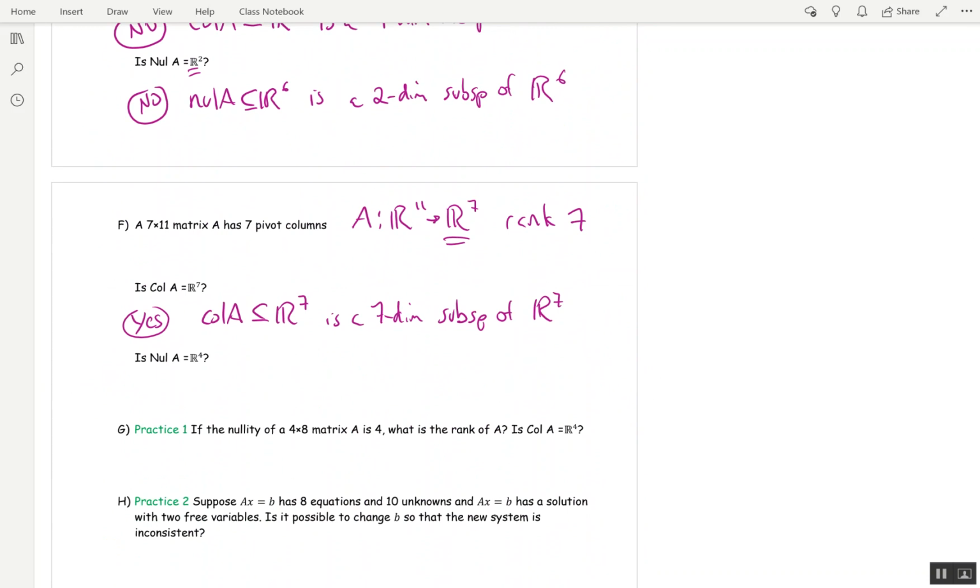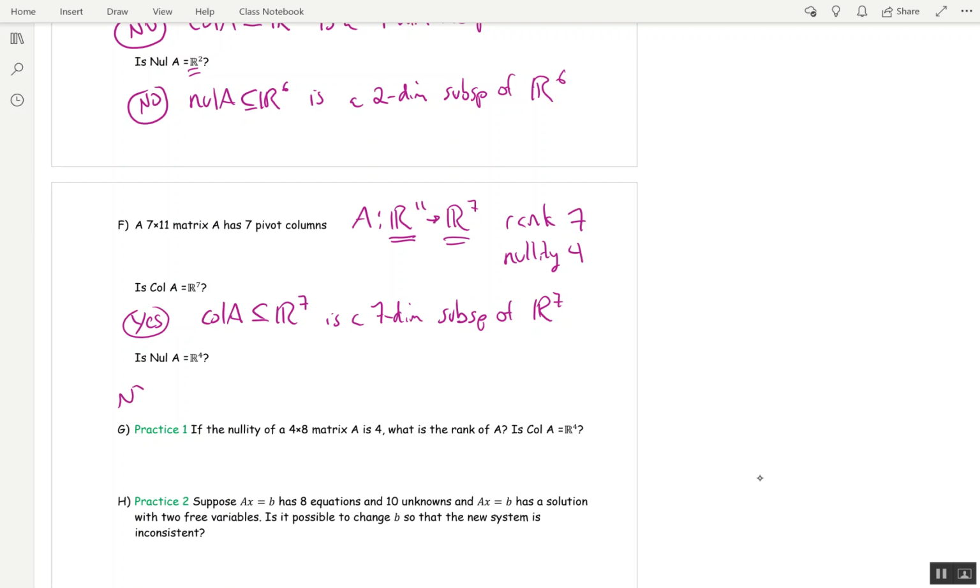Okay, is null A R4? Well, the rank of A is 7. The nullity is, 4 plus 7 is 11. So the nullity is 4. That means null A is a 4-dimensional subspace. The question is, is it R4? Well, you have to know where null A lives. Null A lives in the domain.